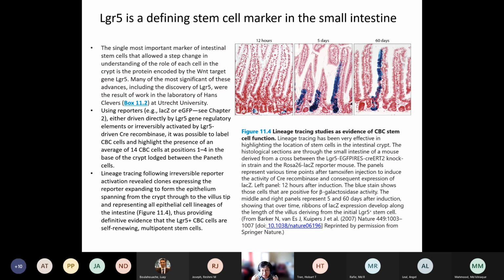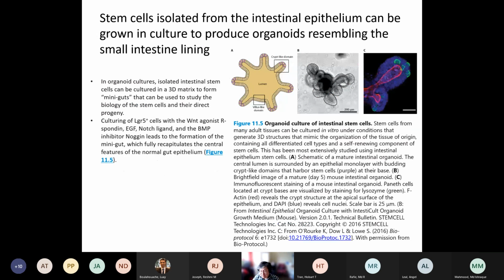So this clearly demonstrated that the stem cells within the base are now contributing to the entire length of the epithelium lining there. Okay, that's the final say, the ultimate evidence to show indeed there are stem cells at the bottom of that crypt.